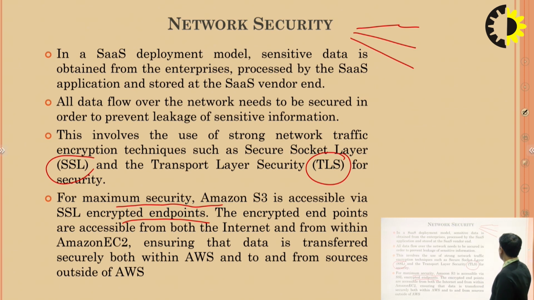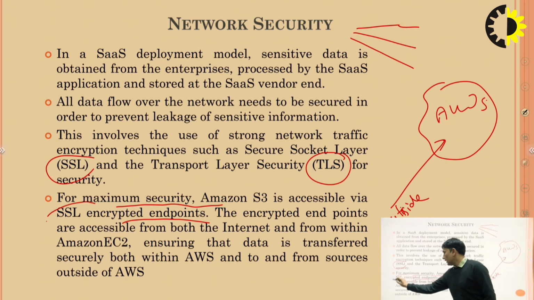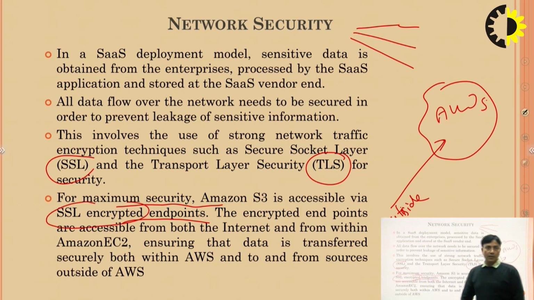That means the AWS system is there and this is the outside. So when someone wants to exchange some data and information with AWS, or AWS wants to send some data to the outside, both should be ensured by using the SSL encryption facility available in Amazon.